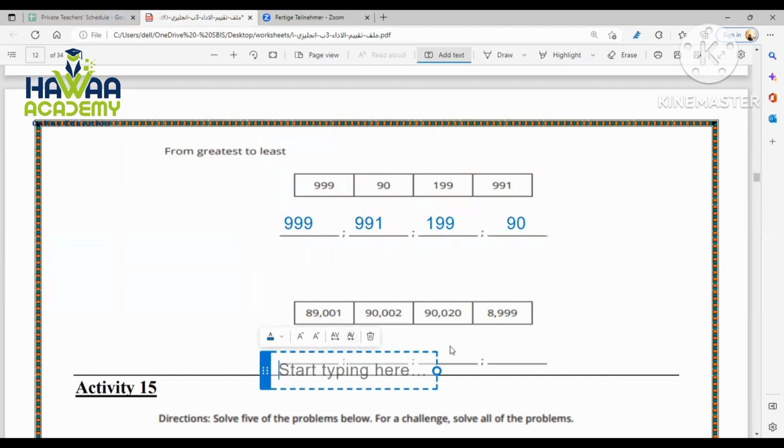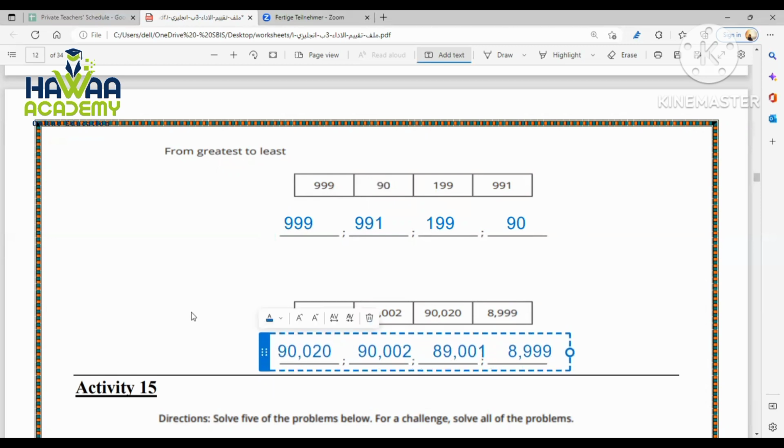We have the biggest number here, 90,020, and then 90,002, 89,001, and the smallest number here is 8,999.